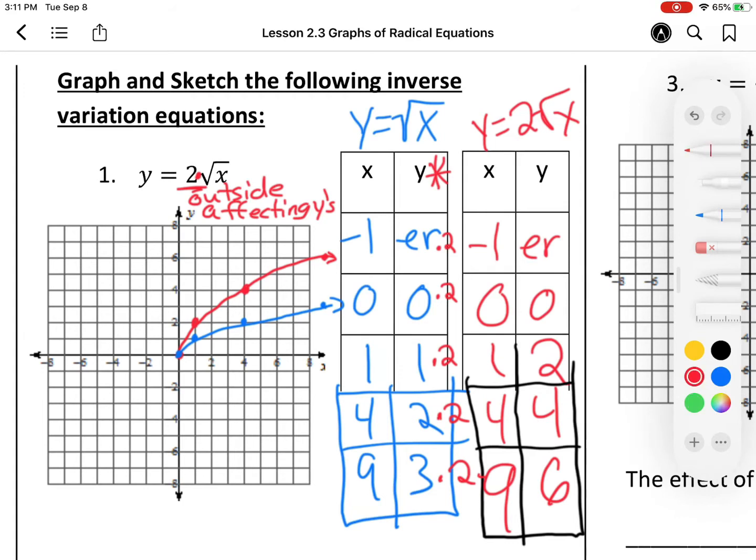So in this case, A was greater than 1, so it's going to compress still, kind of like we did with our quadratics, with our parabolas. If it's less than 1, it's going to stretch. It's going to get closer to the x-axis.